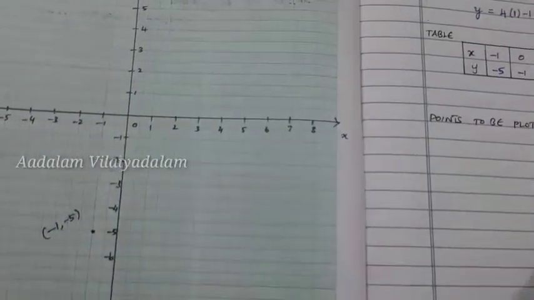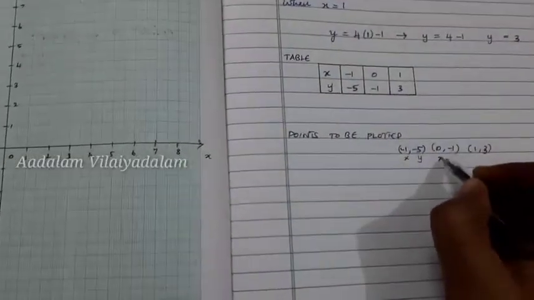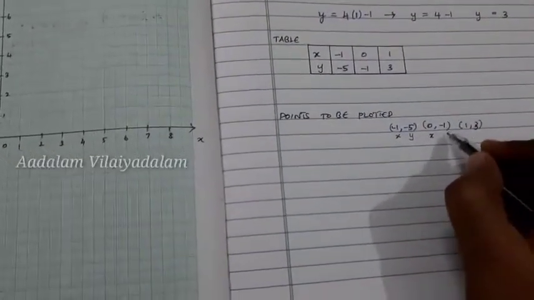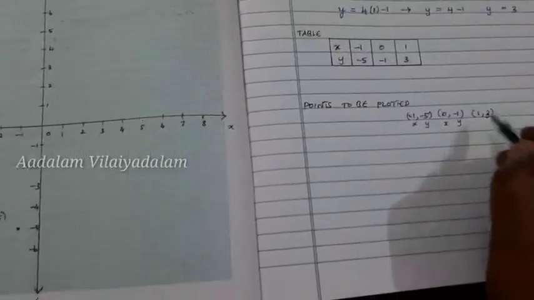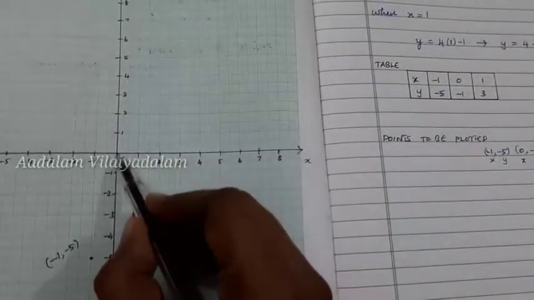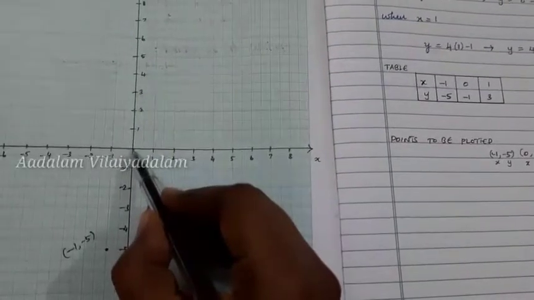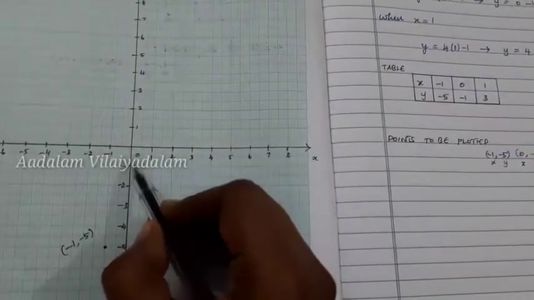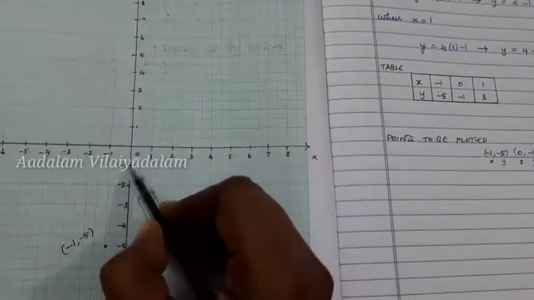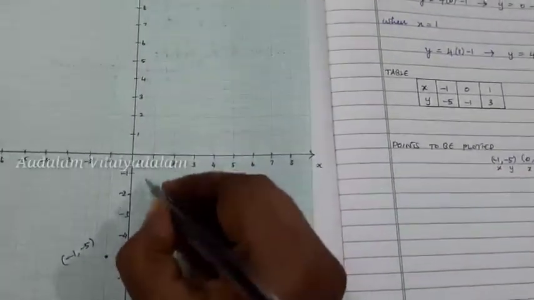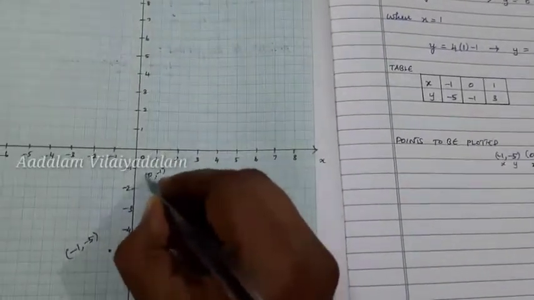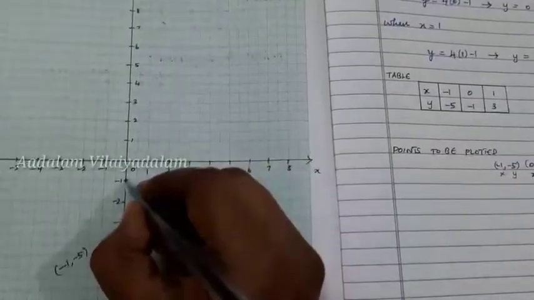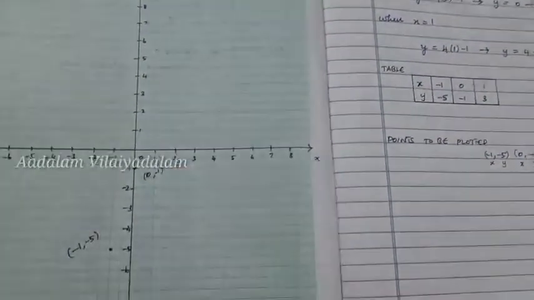The next one, 0 comma minus 1. In the x-axis it is 0, in the y-axis it is minus 1. So 0 lies here, and in the y-axis minus 1 lies here. Then the point is 0 comma minus 1. It will lie on the axis itself.